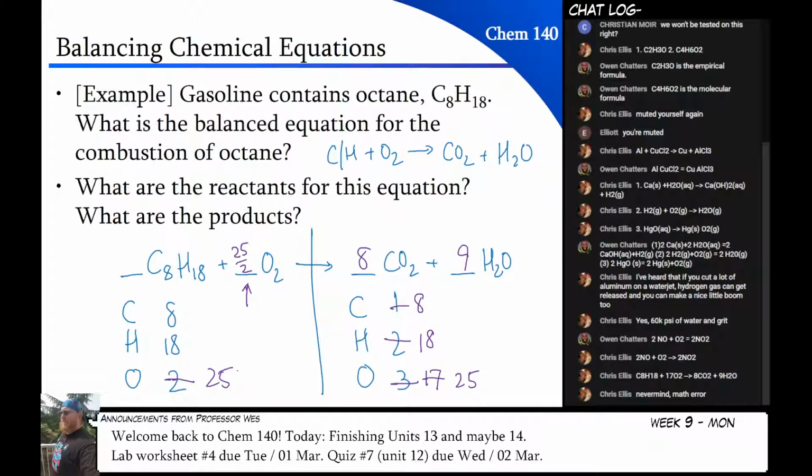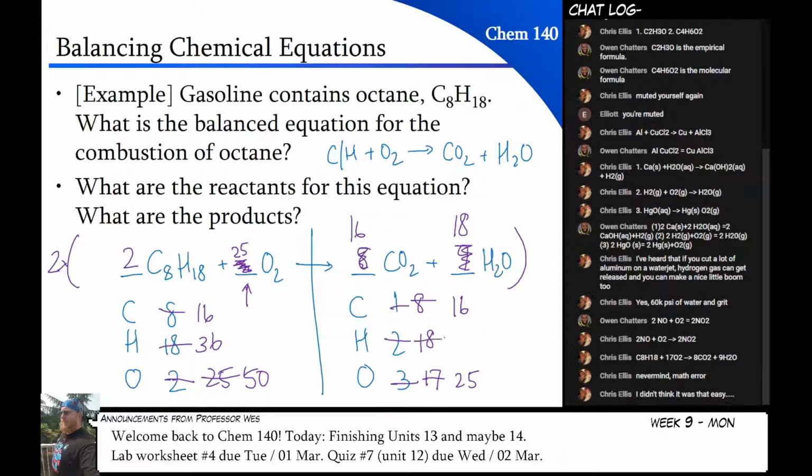Hopefully somebody's about to send this. How about we just times everything by 2 to get rid of the denominator, right? So if I times everything by 2, then this becomes 2, this becomes 25, this becomes 16, and this becomes 18. And in doing that, all of these would then multiply by 2 as well. But the equation would still be balanced. And there's the answer.